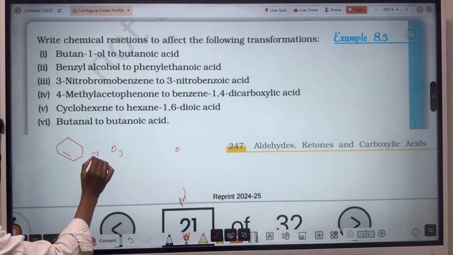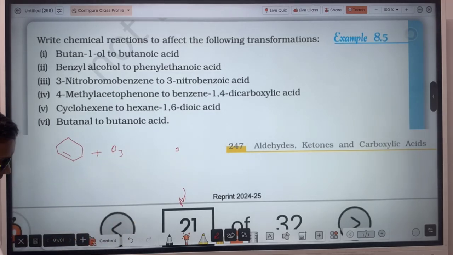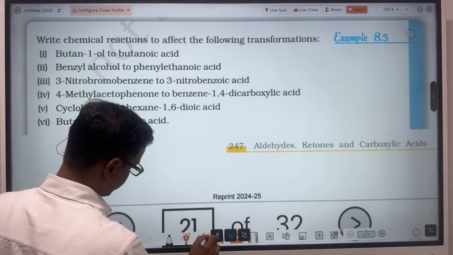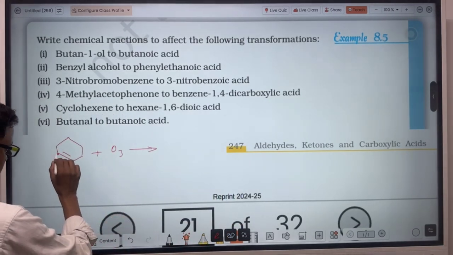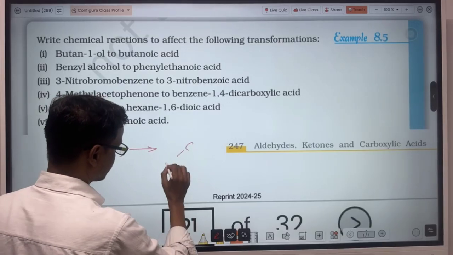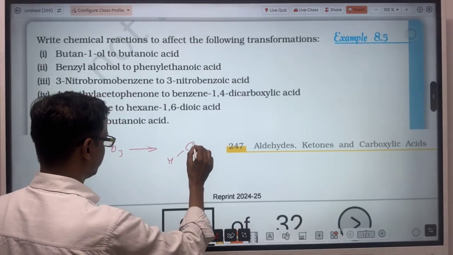When you react with ozone, recall what was happening. I was telling you to take out the benzene from here, so that will be here. This carbon here has one hydrogen on one side and the whole part here.